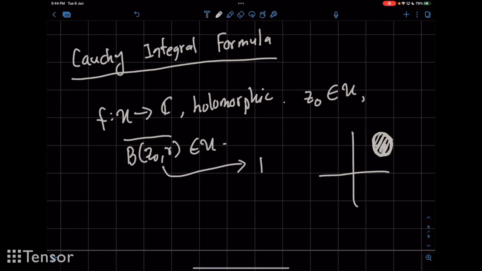This is all the z that are at distance less than or equal to r from z0.